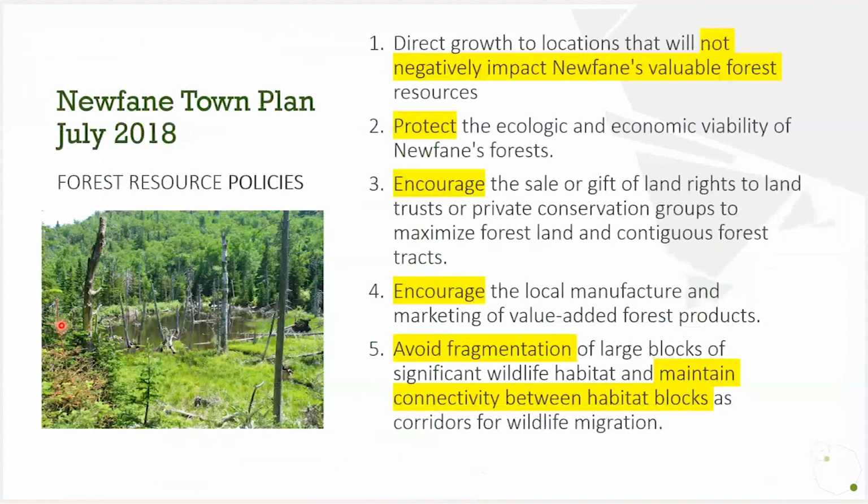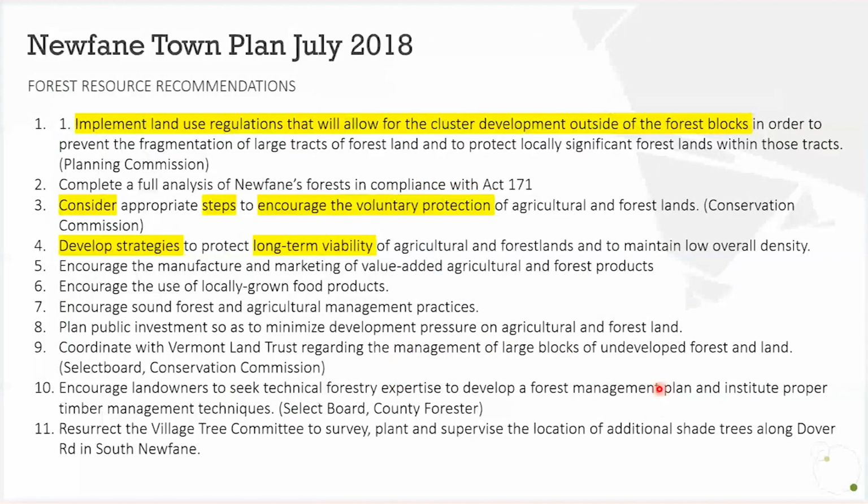Here in the forest resource policies, they want to direct growth, so not to negatively impact valuable forests, protect, encourage, avoid fragmentation. They've got a lot to say here in the policies on how they're going to make this happen. And then again, they come back to implementing land use regulations.